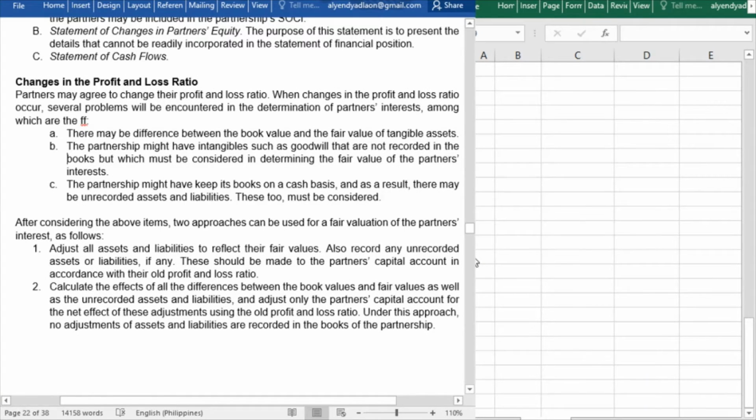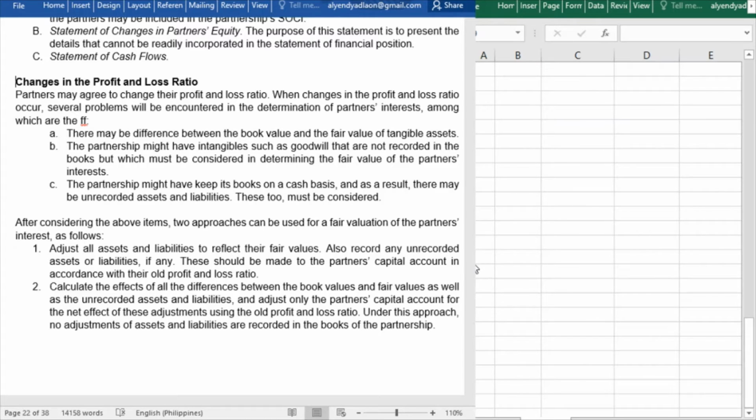So this is in the case where there is a change in the profit and loss ratio. The profit and loss ratio is how the partners distribute the profit or loss of the business. So let's say the profit and loss ratio before was 50% and 50%, but the partners decided to change it to, let's say, 40% and 60%.